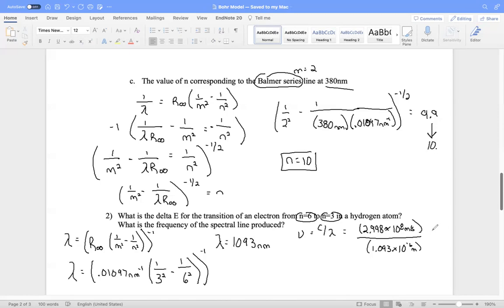And this will give us 2.74 times 10 to the 14 hertz.